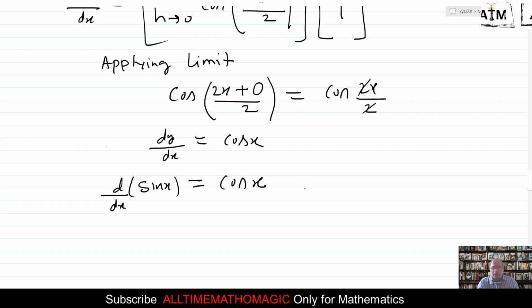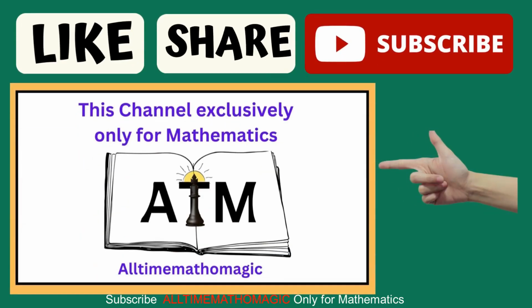Now let us move to the next example. Now we'll find out dy by dx of cos x by using the first principle.